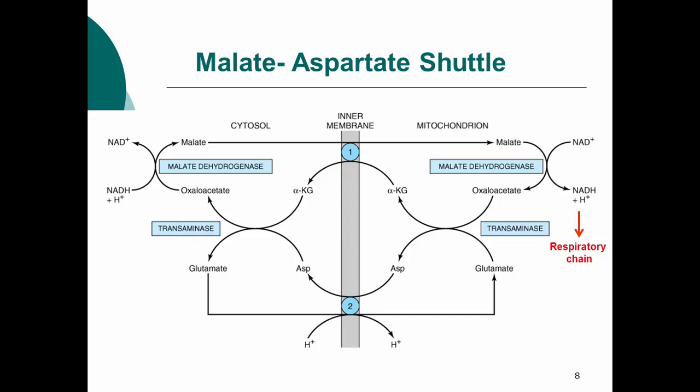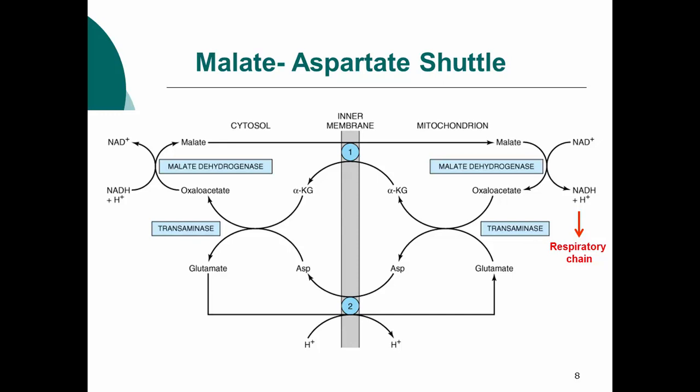In the mitochondria, malate passes the electron, which initially came from NADH in the cytosol, to NAD and converts it back to NADH in the mitochondria. This NADH in the mitochondria eventually enters the electron transport chain for producing 3 ATPs.